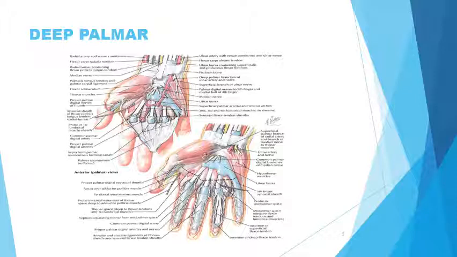So how can the tendons move so smoothly in the hand and flex your fingers? Well, as you can see, they are surrounded by bursas. There's an ulnar bursa and a radial bursa, which contains the flexor pollicis longus.